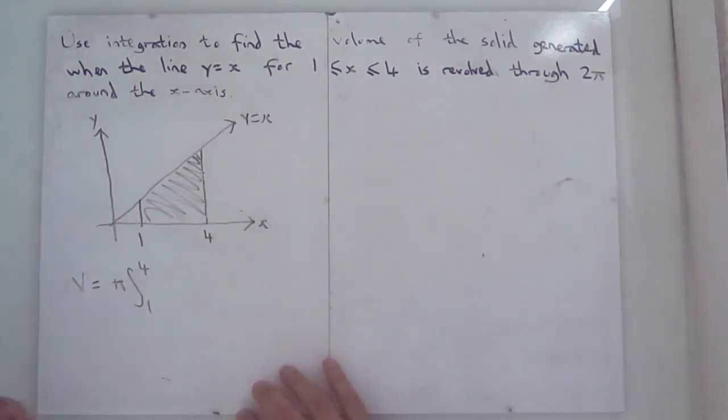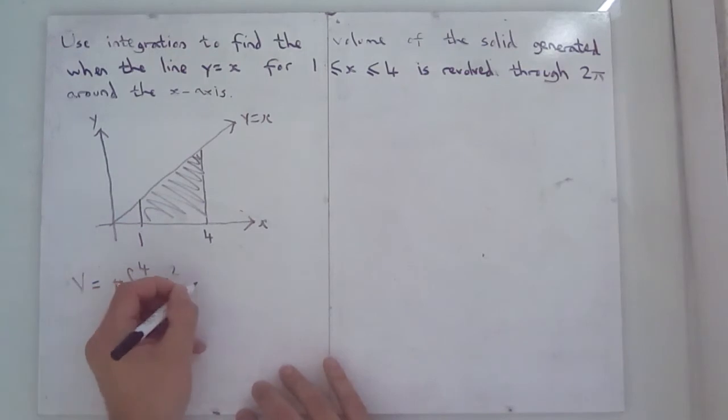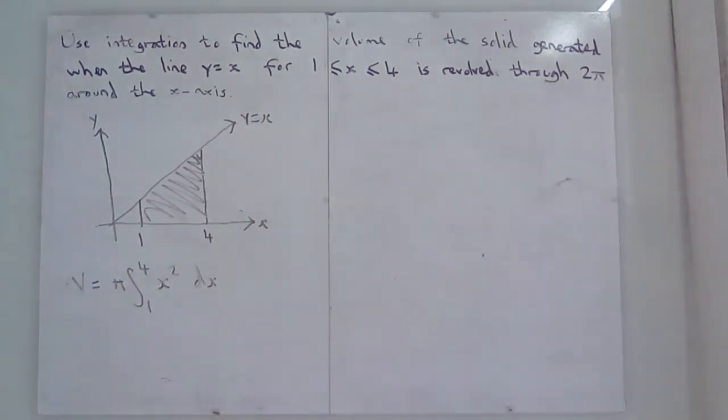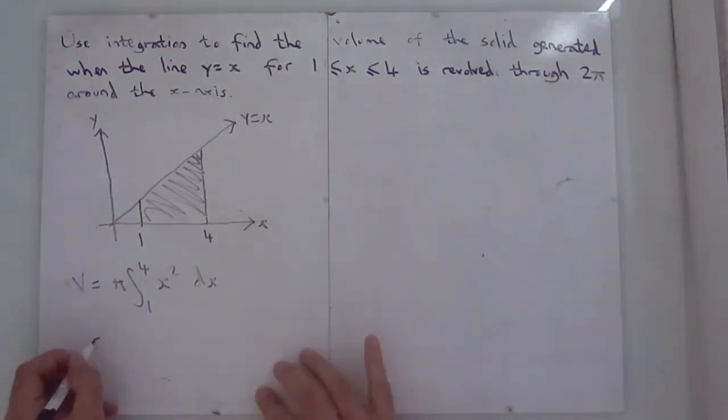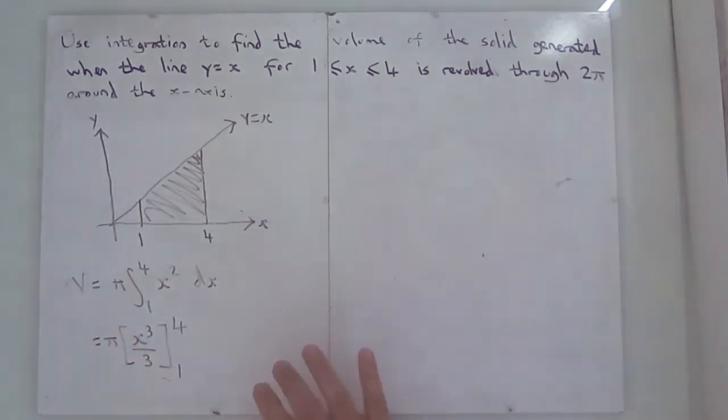We need y in terms of x, so y is x, so it's x squared dx. Now it suddenly looks really easy. The antiderivative of x squared is x cubed over 3. We need to evaluate that at 4 and 1 and then times the answer by pi.